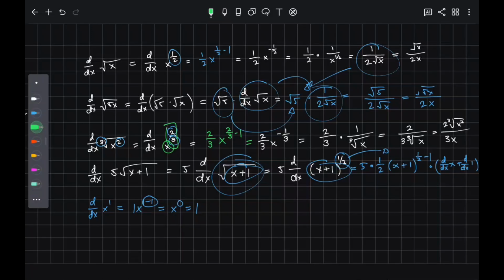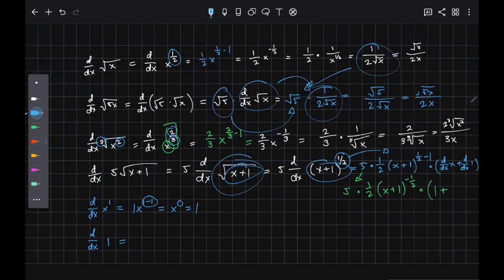Therefore, if we rewrite our answer here, 5 times 1/2 of x plus 1 raised to 1/2 minus 1, let's solve that, 1/2 minus 1 is negative 1/2, times the derivative of x, as we proved with power rule, is 1 plus the derivative of 1. So what is the derivative of 1? The derivative of a constant, as we know, is 0.